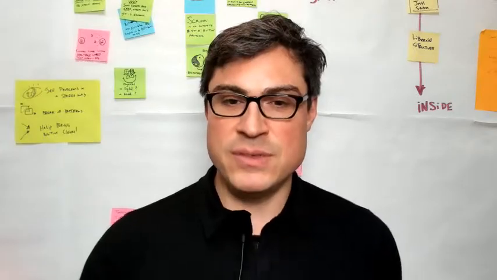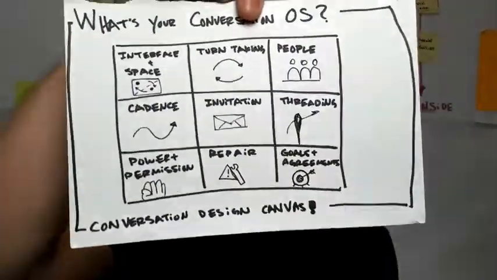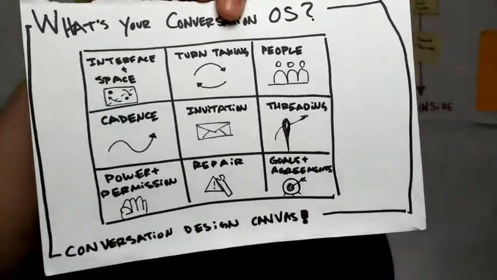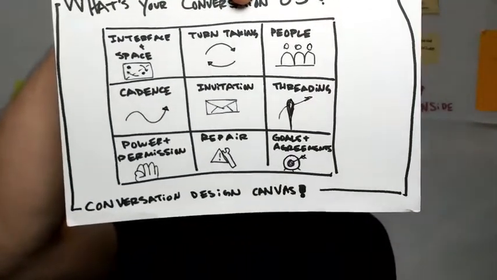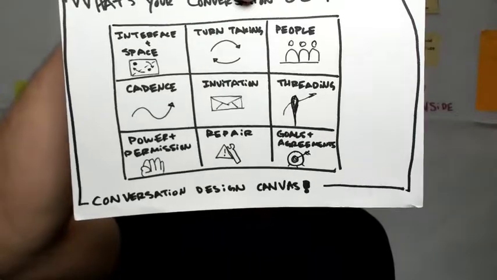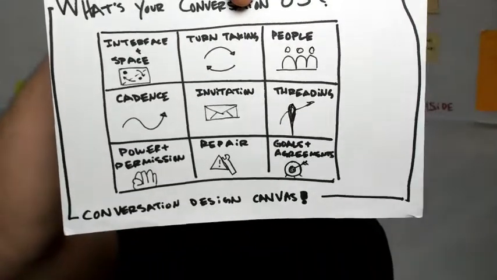Unproductive brainstorms. I want to put this in context. I've been doing a lot of thinking about what is your conversational OS. This canvas, 9 things I'm focusing on in my own conversations that I design.